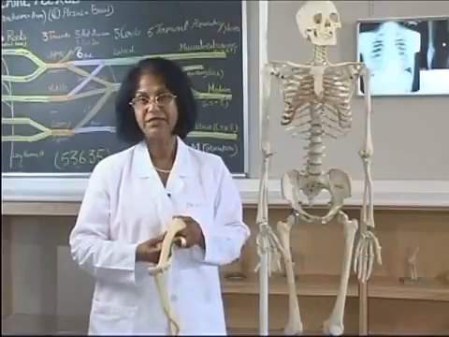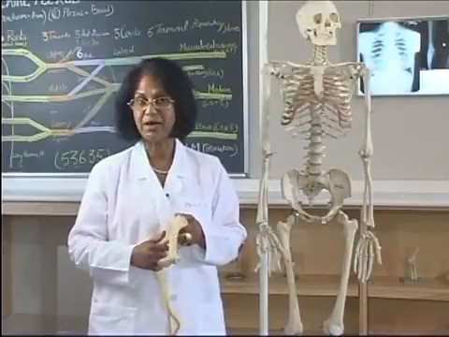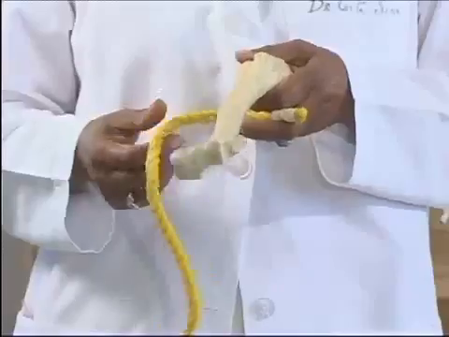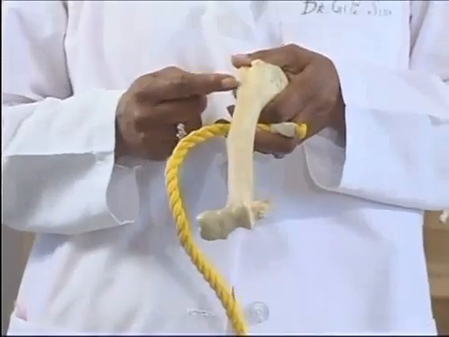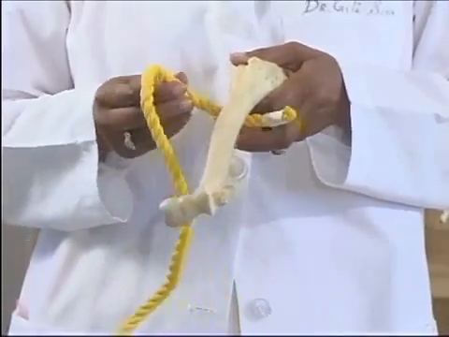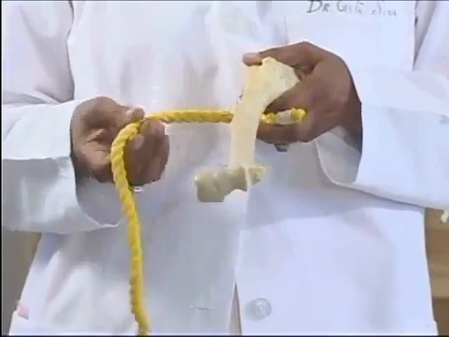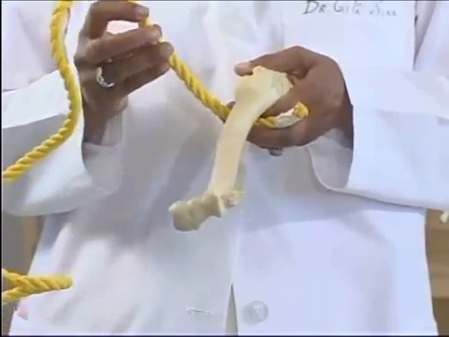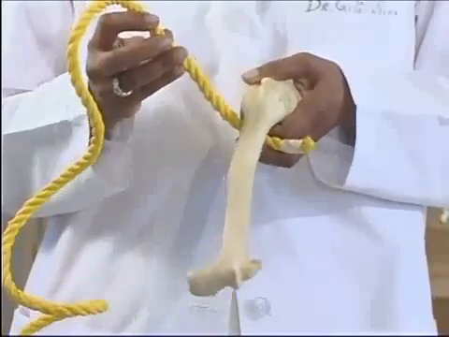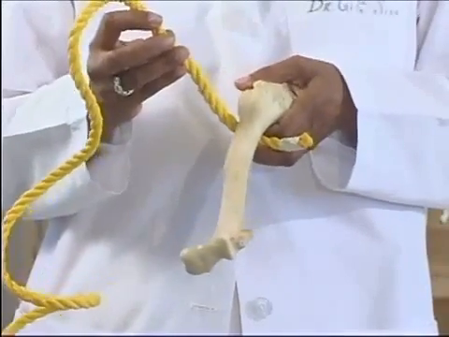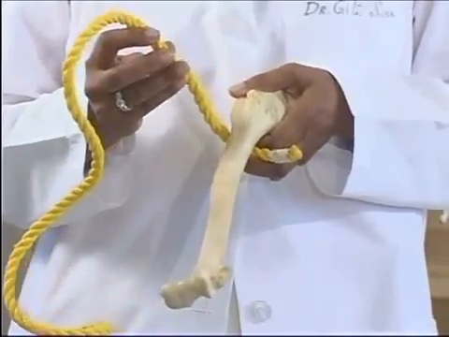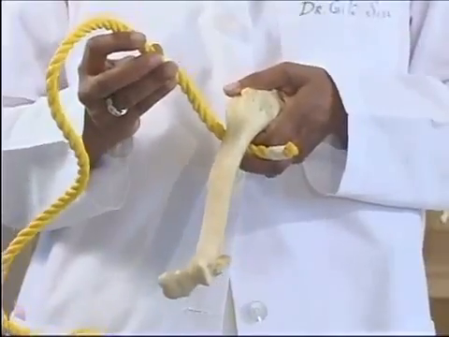And clinically, a fracture of that area can entrap the nerve. Around the upper end, the surgical neck, we see the relationship of the humerus with the axillary nerve. With a fracture of the surgical neck, the axillary nerve can be entrapped in this area.